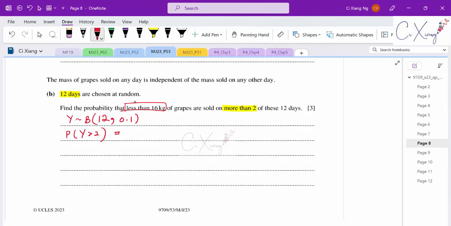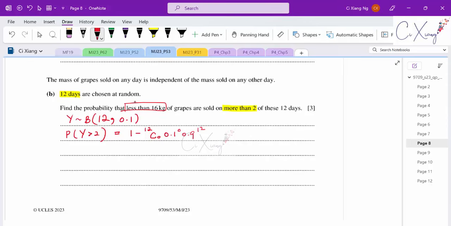When they talk about Y more than 2, by right you should add the probability for Y equals 3, Y equals 4, Y equals 5, until Y equals 12, which is too long. So for us, we will take 1 minus the probabilities of 0, 1, and 2. For Y equals 0, the formula will be 12C0, 0.1 power 0, 0.9 power 12.